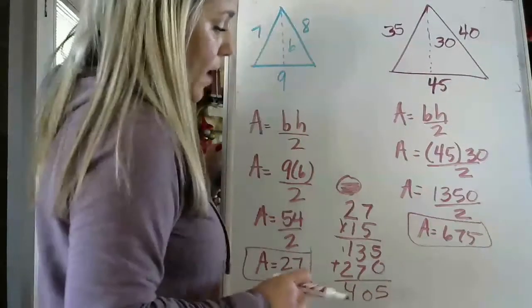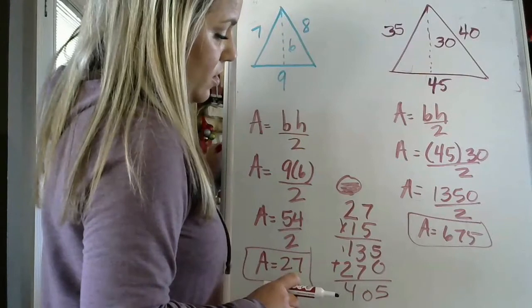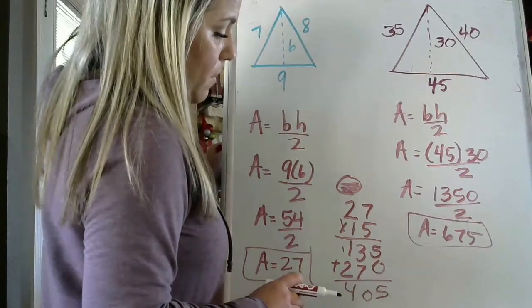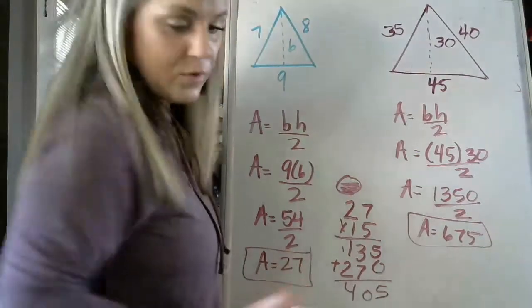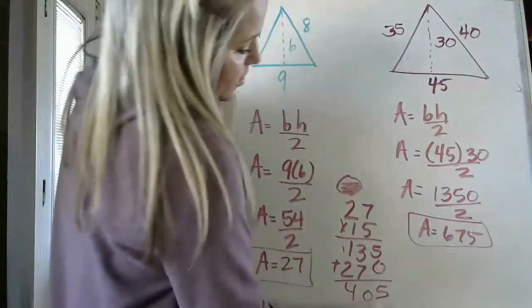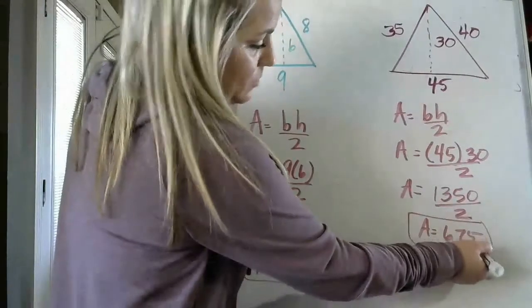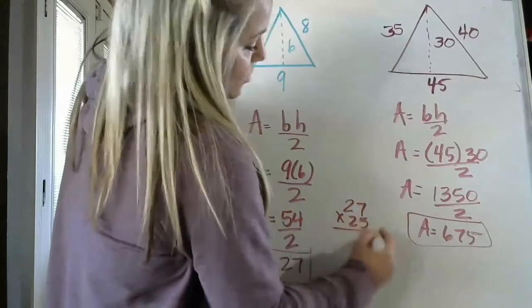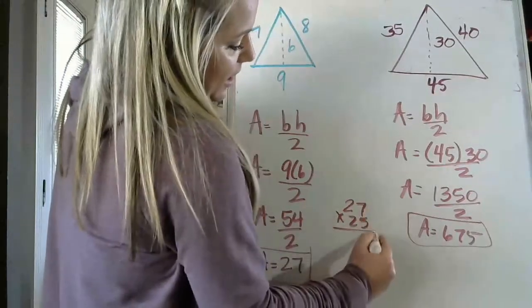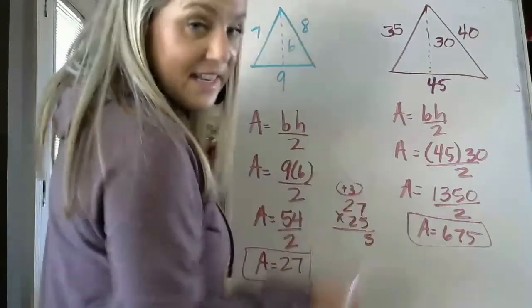I'm still far away. Let's do 27 times 20. I don't know. It's not going to be times 20. It's got to be in 5. Let's do 27 times 25. Let's just try that. 7 times 5 is 35. 5 can stay. 3 got to go. 2 times 5 is 10 plus 3 is 13.